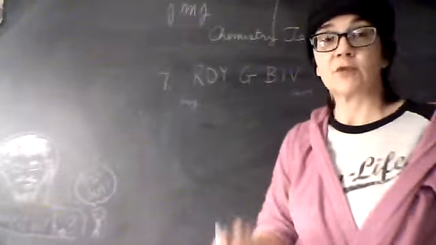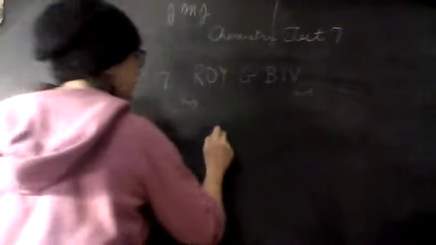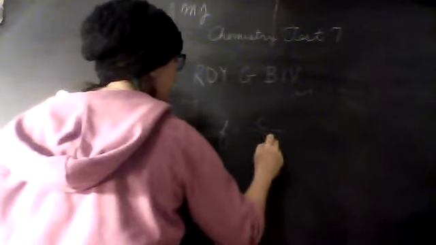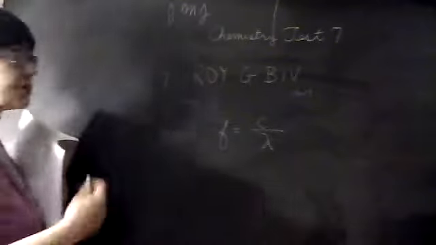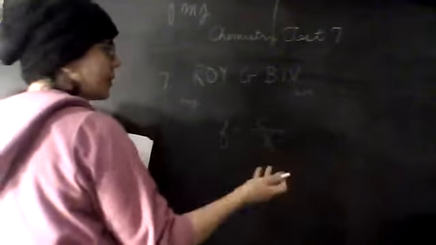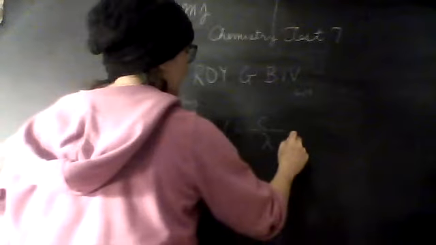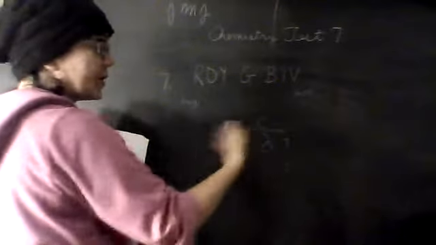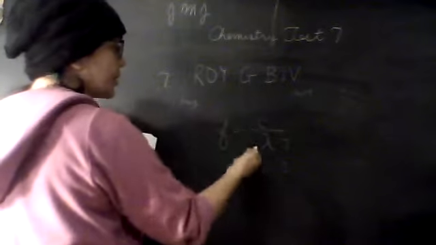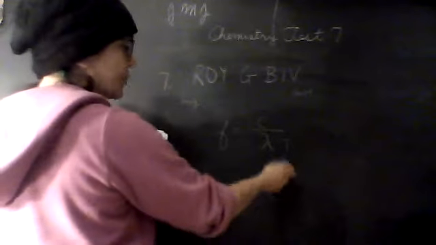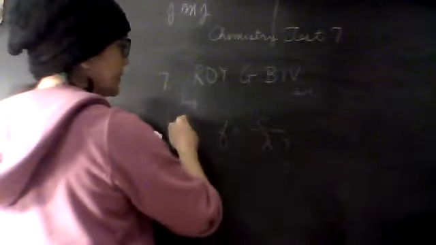So we have to recall the frequency formula, which is frequency is the speed of light divided by the wavelength. If it has a longer wavelength, a bigger number, let's imagine it's 7 instead of 3, what is this going to be, bigger or smaller, if I divide by a bigger number?